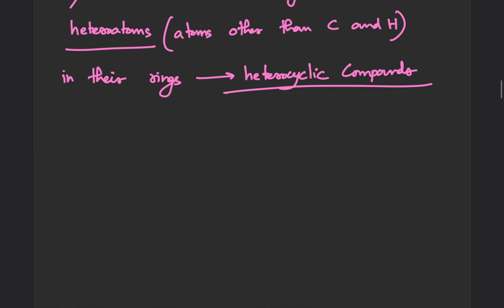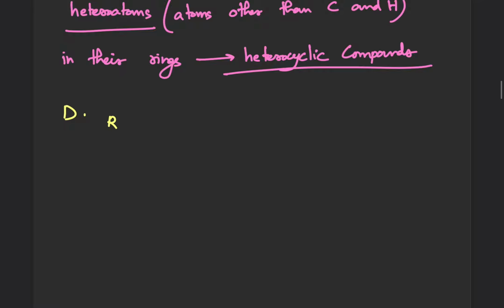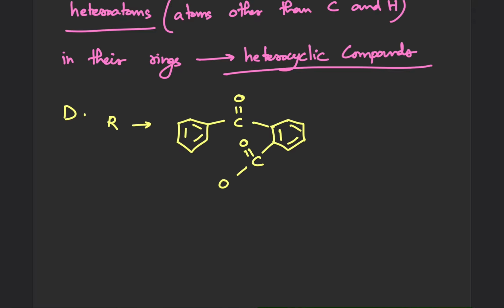Coming to statement D. Statement D says that R on acid catalyzed intramolecular cyclization followed by treatment with ZnHg HCl gives 9,10 dihydroxyanthracene. Okay, so R is this guy, benzene ring, C double bond O, benzene ring, C double bond O, OH.